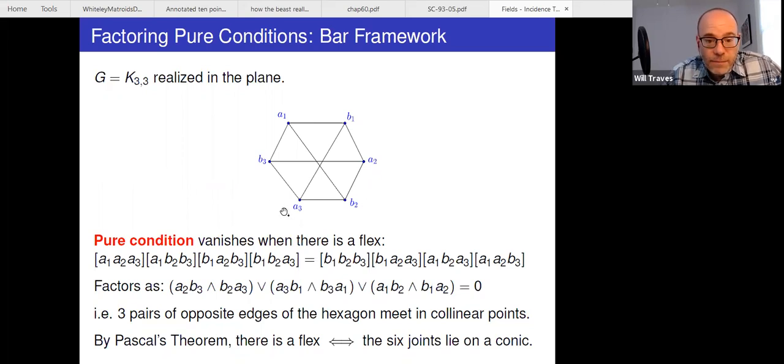And so it turns out that there is a polynomial which you can evaluate that tells you when there's a flex, and that polynomial is called the pure condition. It's an odd name for it, but the pure condition is a bracket polynomial.